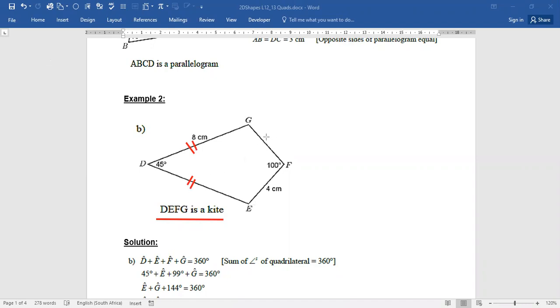GF is adjacent to EF, so these two sides are also equal. Using that, if this is 8, this side will also be 8. And if this is 4, the side will be 4.